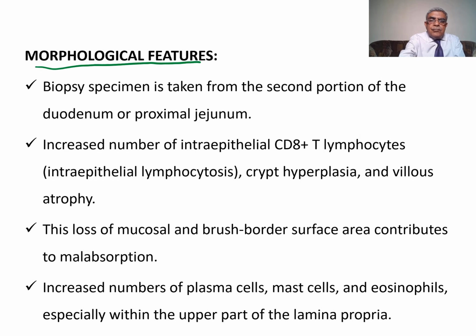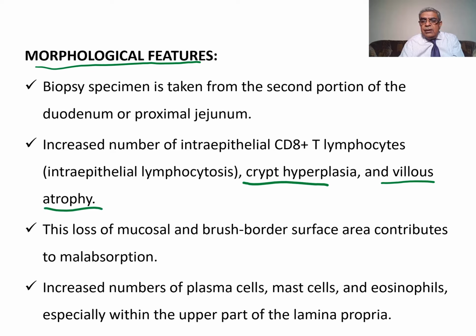Morphological features. Biopsy is taken from the second part of the duodenum or proximal jejunum. Increased number of intraepithelial CD8 T lymphocytes. So, morphological features, the three important ones: intraepithelial lymphocytes are increased, and they are CD8 T lymphocytes; crypt hyperplasia and villus atrophy.